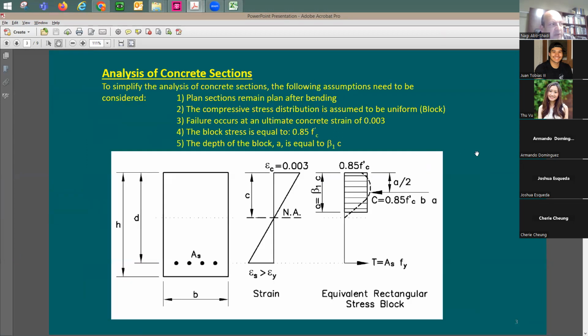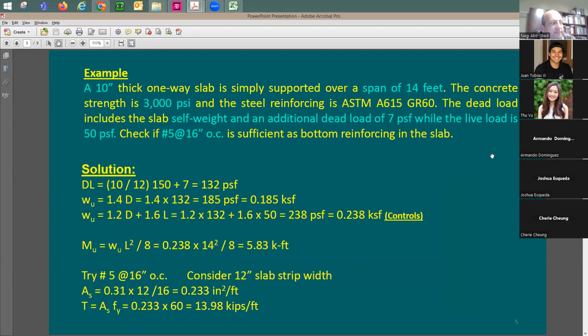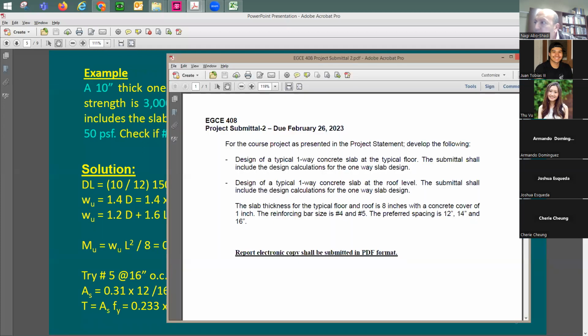So the project is actually on the slab design. We have a good example that I'd like to look at. I guess you guys are good with submittal 1. Am I correct? Yeah. All right. Let's look at submittal 2. I'd like to design a typical one-way concrete slab at the typical floor, and another one at the roof level.